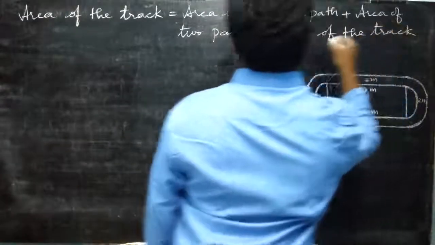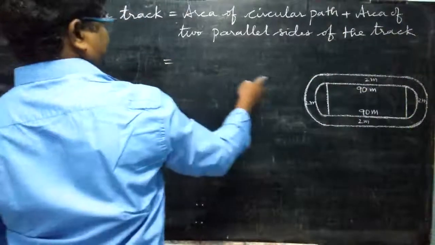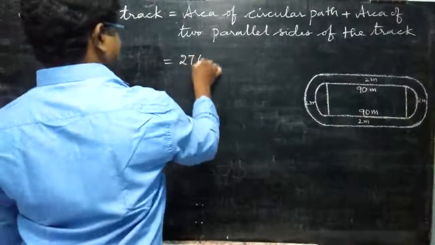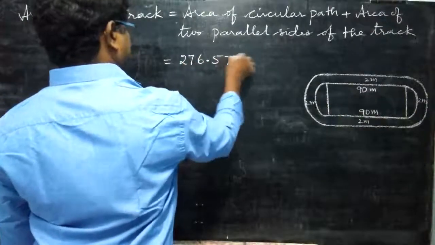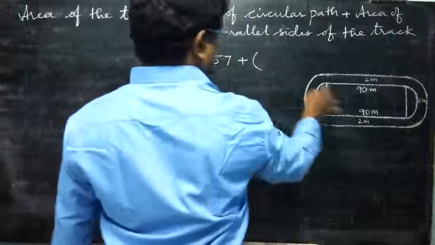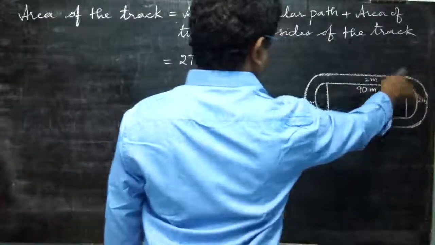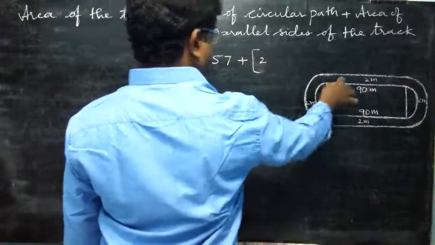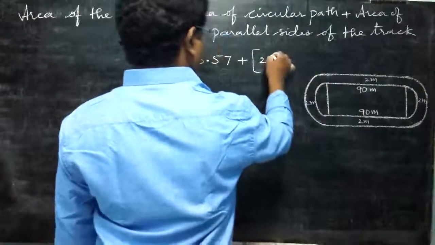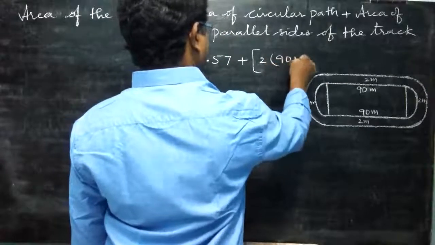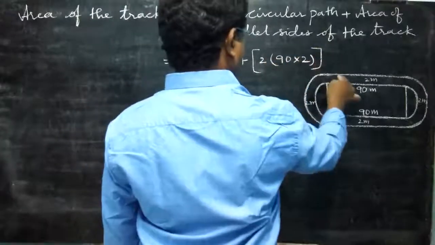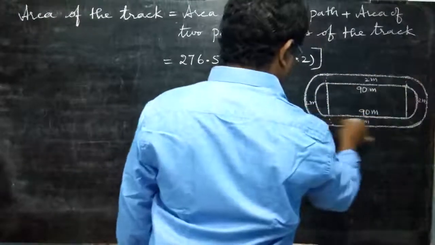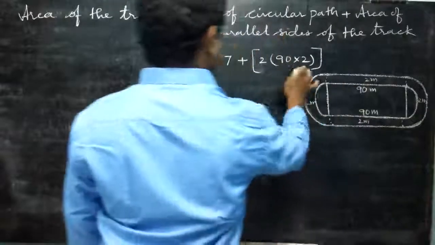Now we got the area of the circular path, the circular shape, we got 276.57 plus, here length is 90, breadth is 2, and because two tracks are there, 2 into 90 into 2, L into B, because it is a rectangle shape. If you join here, this is a rectangle shape. So two rectangles are there.